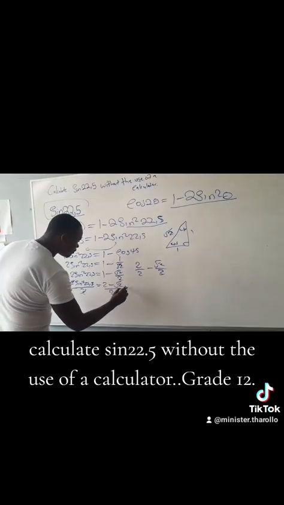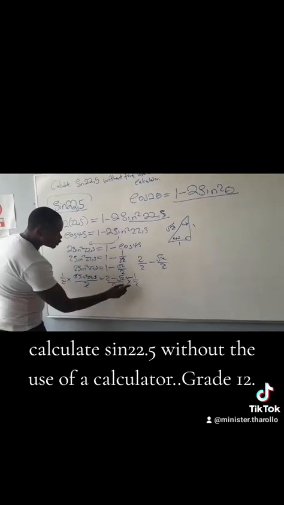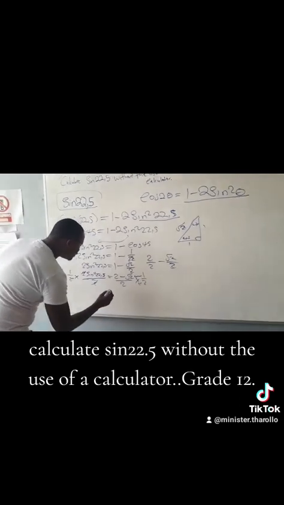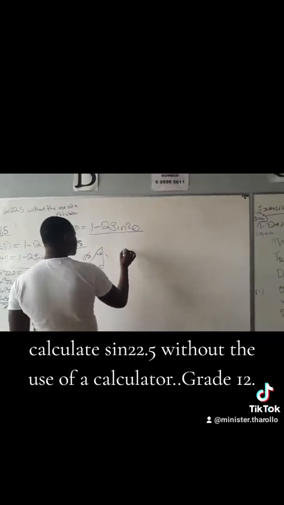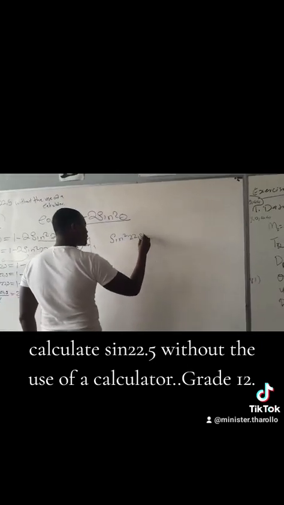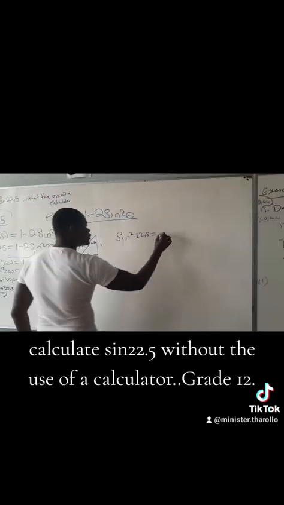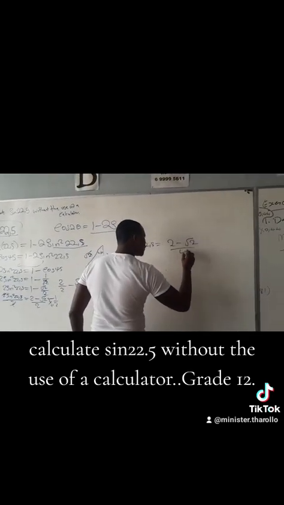You also multiply the other side by 1 over 2: the top multiplies with the top, the bottom with the bottom. This results in sin squared 22.5 equals 2 minus square root of 2 over 4.